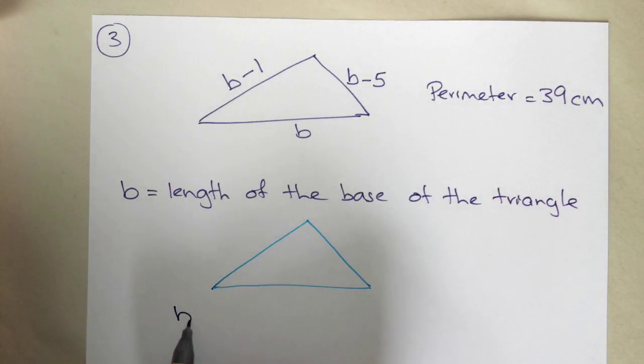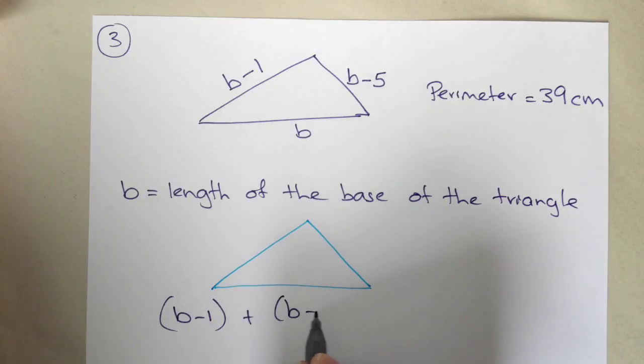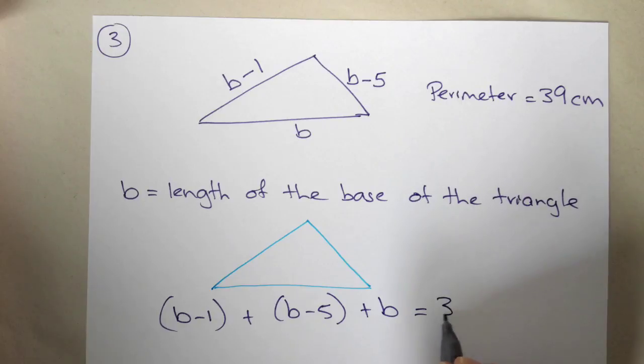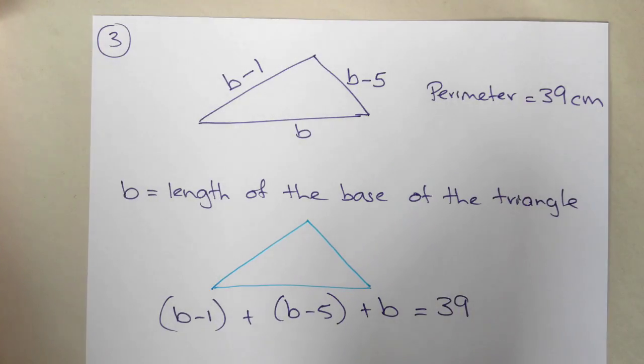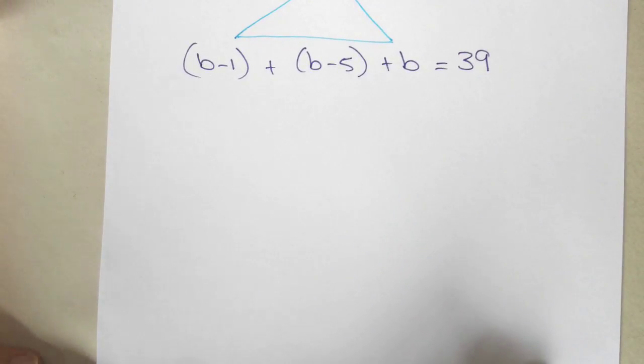So I can say B take away 1, that side, plus the next side, B take away 5, plus the third side, B, adds up to give me 39, a perimeter of 39 centimetres. Okay, now we have an equation.